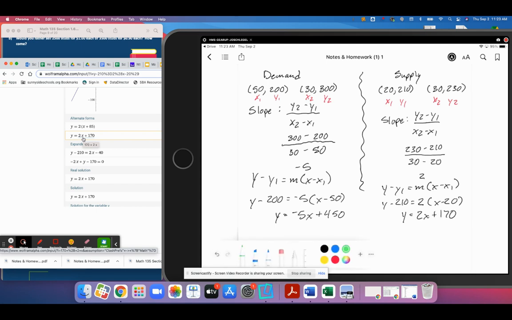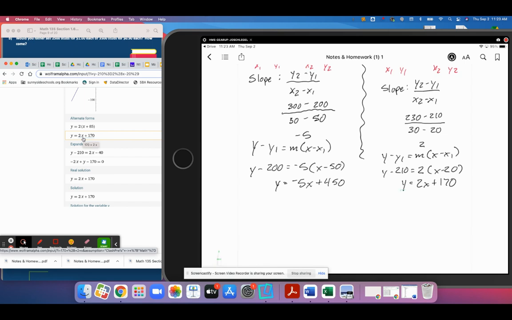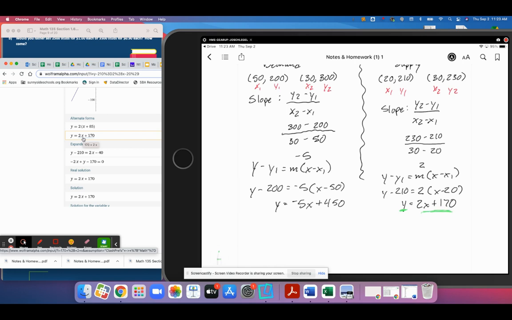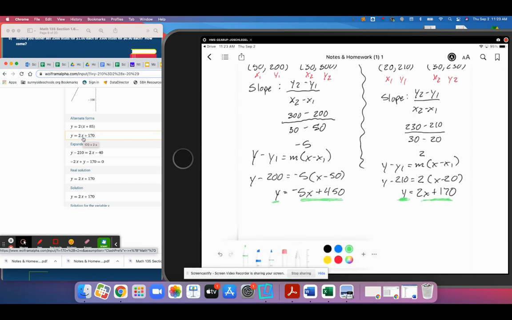So as we've discussed previously, the supply function, this is equal to y. And in the demand function, this is equal to y. So since they are both equal to y, they must be equal to each other. And so we are simply going to extract this from over here.